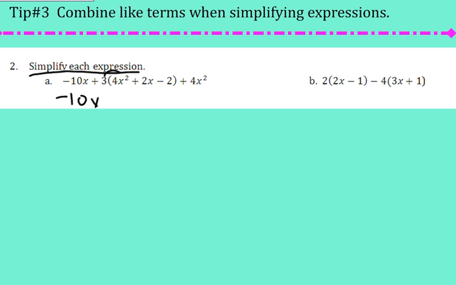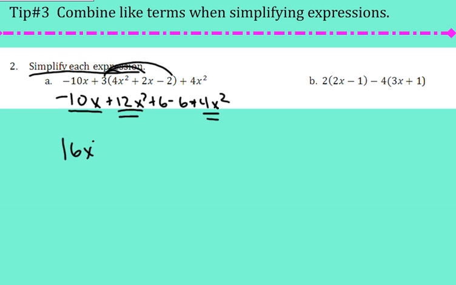to as simple as I can, so that's going to be 12x squared plus 6x minus 6 plus 4x squared. All I'm left with is adding and subtracting. So I've got 12x squared and 4x squared. So that's going to give me 16x squared.